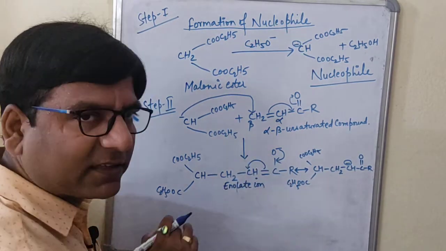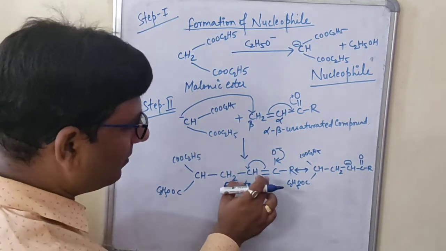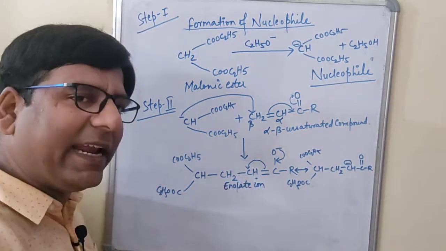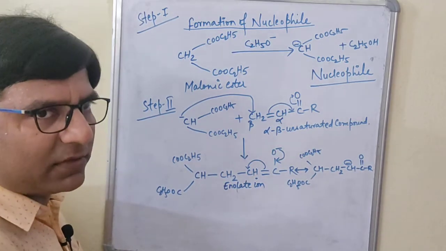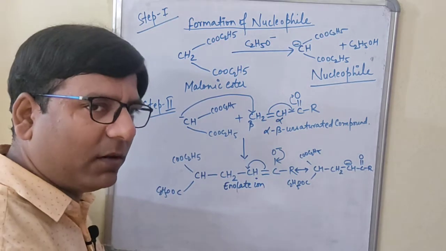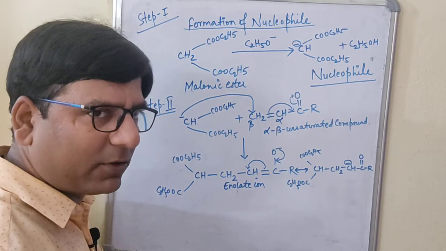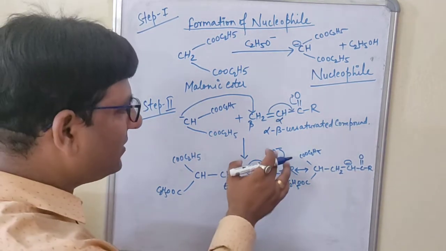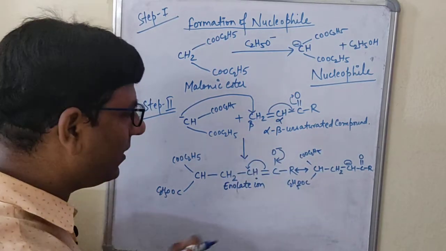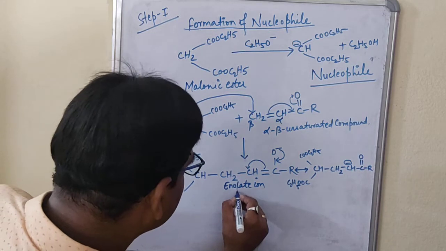Whenever you see a structure like this, where the oxygen has a negative charge and the adjacent carbon has the double bond, it makes the enolate ion. Enol means: en means double bond and ol means alcohol, that is, the double bond and then the alcoholic hydroxyl group. From this, H is not there. We have removed the H and given the minus sign over here, so this is the enolate ion. Now, in the last step, what will we do?